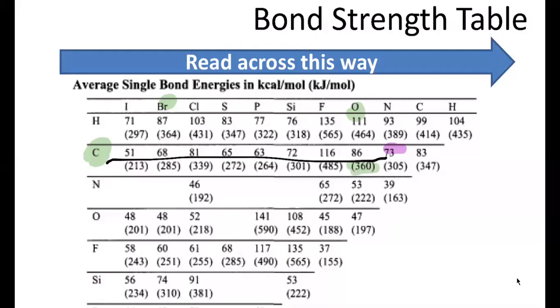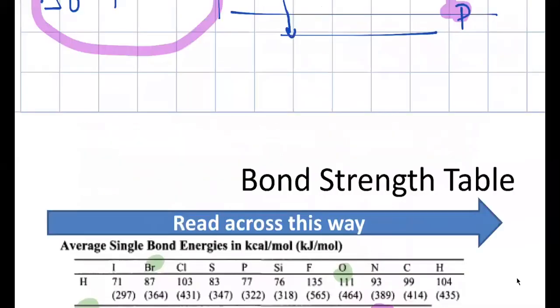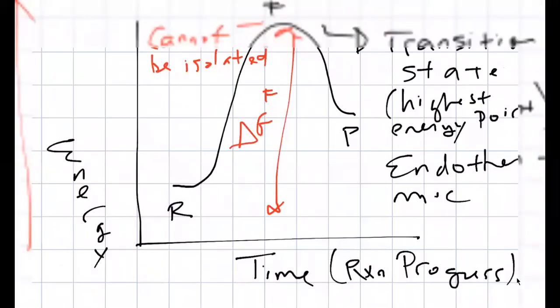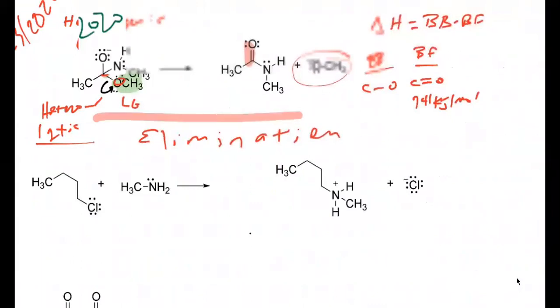So it's 360 kilojoules or 86 kilocalories. And again, whatever you're working in, you have to make sure the units are the same. So 360 kilojoules per mole.